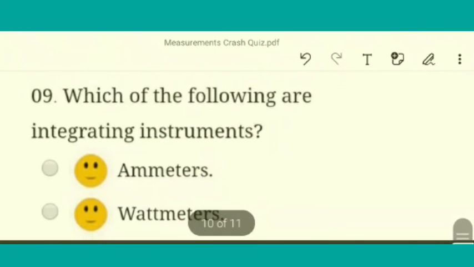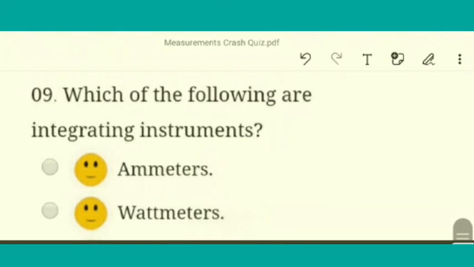Now moving towards our ninth question. Which of the following are integrating instruments? We all know that in our household an energy meter is required to integrate or add all the energy consumed by us. Here we will check our options.